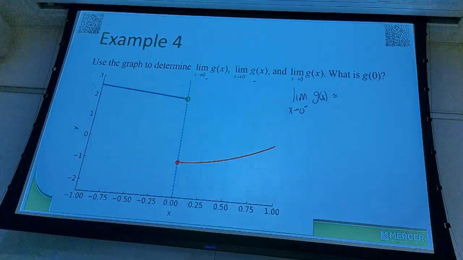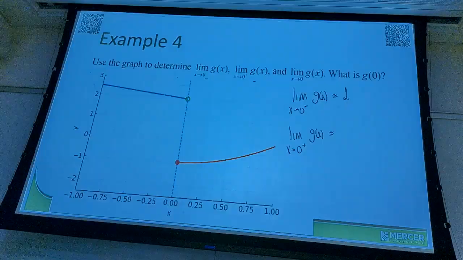Approaching 0 from the left. What is g of x approaching? 2. Looks to be 2, right? If we come in from the right now, what does it appear to be? Does the limit exist?